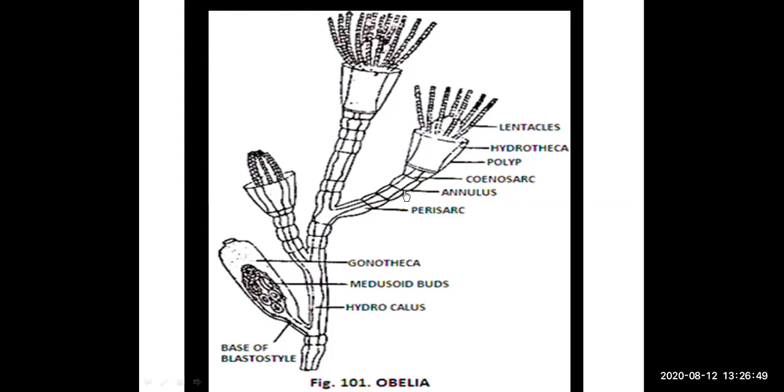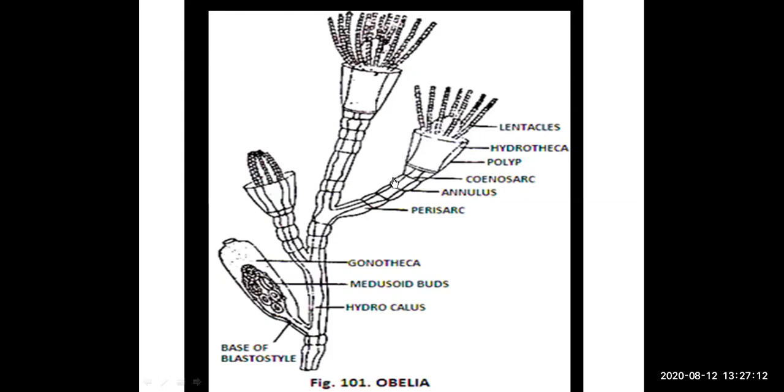The polyp body wall is diploblastic. What is diploblastic? Two layers. It is made up of outer ectoderm and inner endoderm.